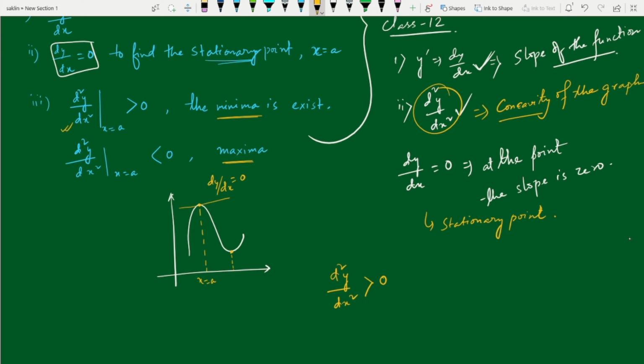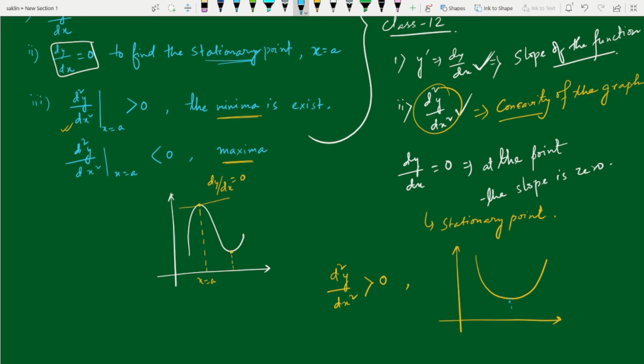Okay, the first case we are considering here: the double derivative of the function is greater than 0. That represents that the graph at this point is concave up.